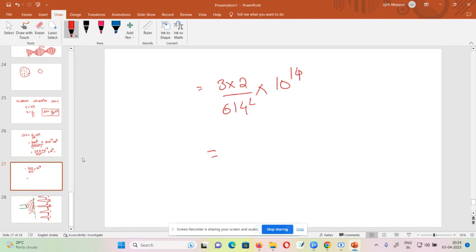Calculate the values: three into two divided by 6.14 squared.